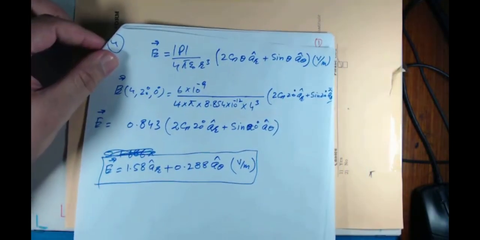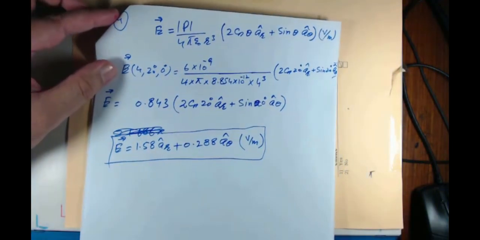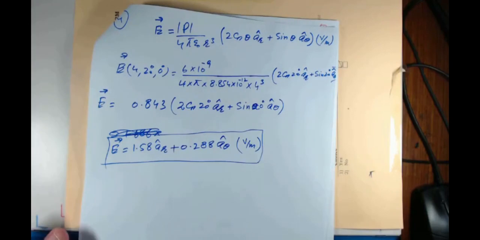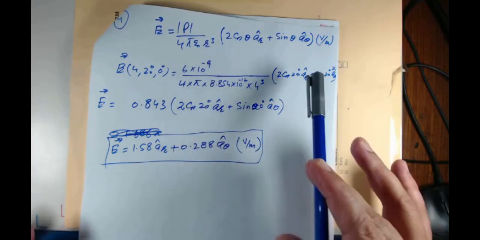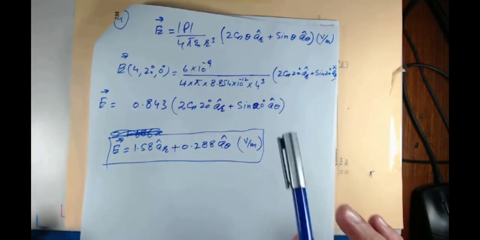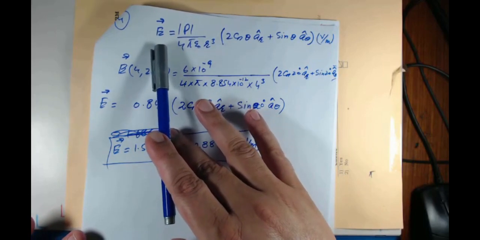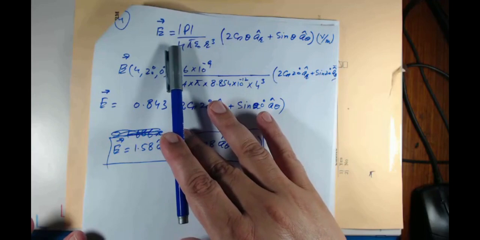Now, in part B of the drill problem D4.10 on page 100, we are asked, for the same point, to find the electric field due to the electric dipole aligned along the z-axis. For the electric dipole, we have obtained the electric field using the negative gradient of the scalar potential.